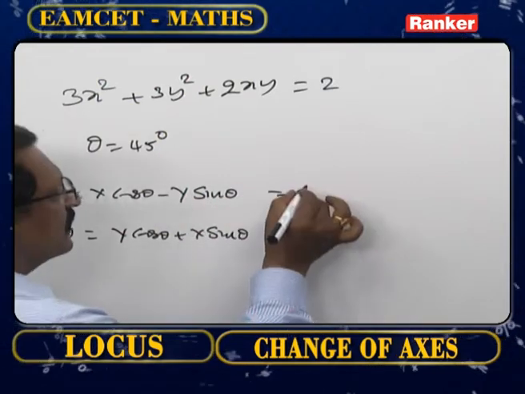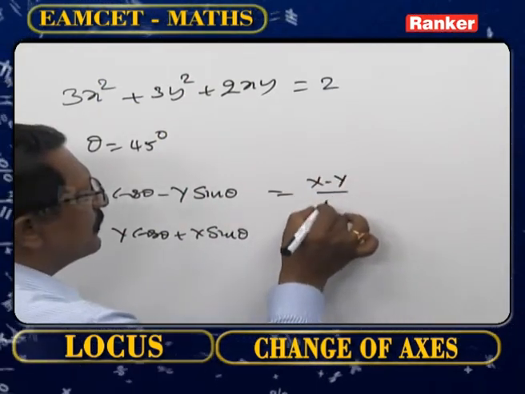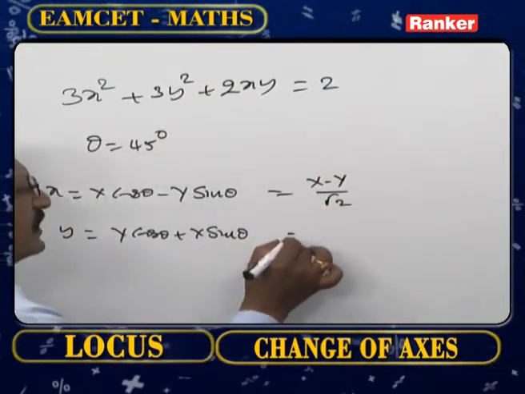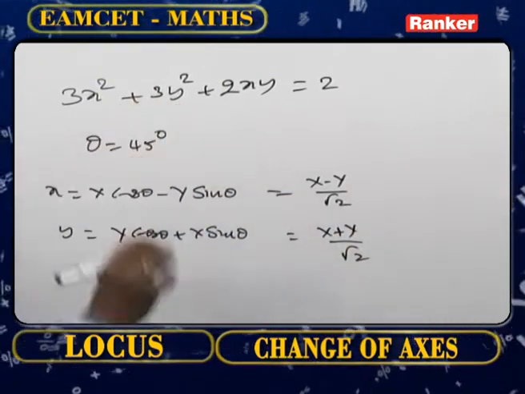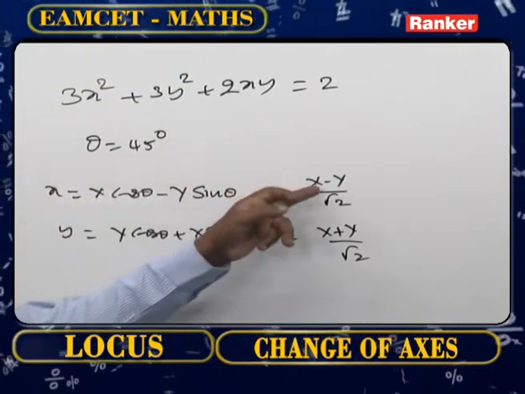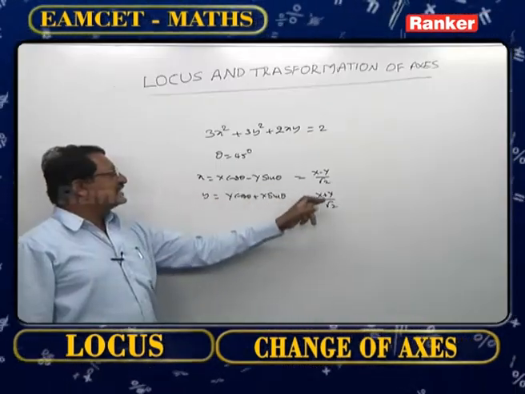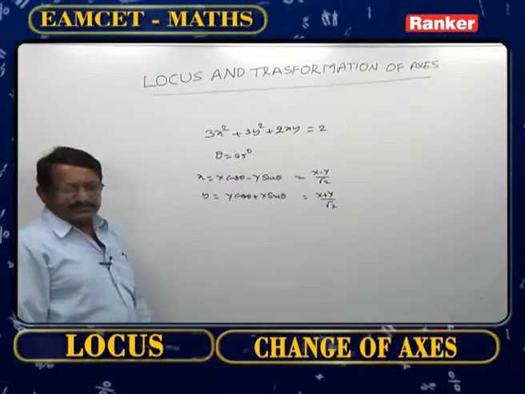Now we get x equals (X minus Y) by root 2, and y equals (X plus Y) by root 2. In the given equation, in place of small x and small y, substitute and simplify.